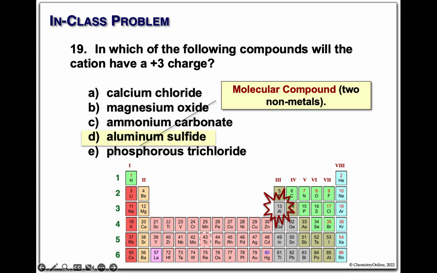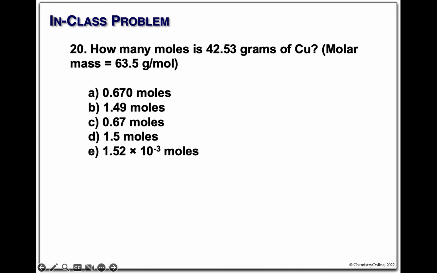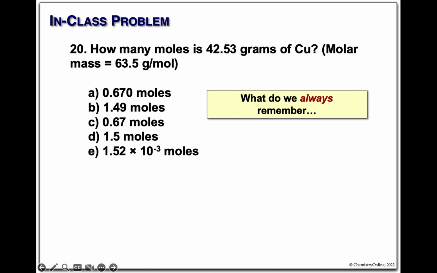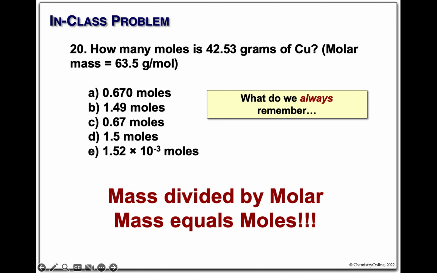Number 20. How many moles is 42 grams of copper? Copper has a molar mass of 63. Once again, we remember mass divided by molar mass is moles. Here's our mass. Here's our molar mass.